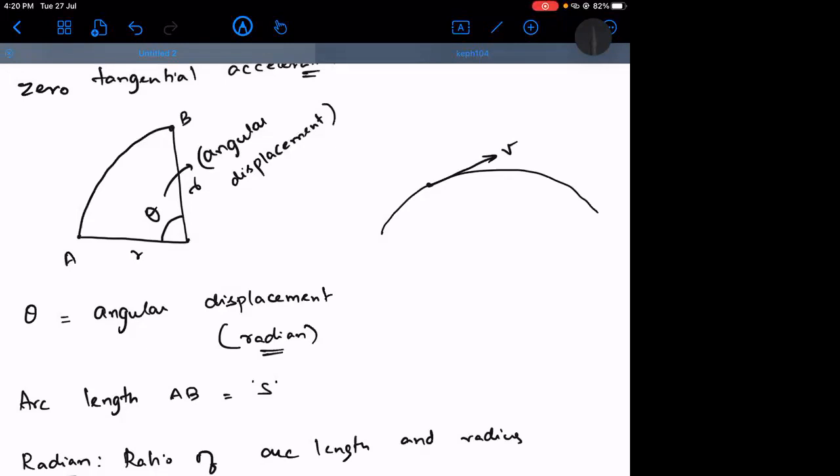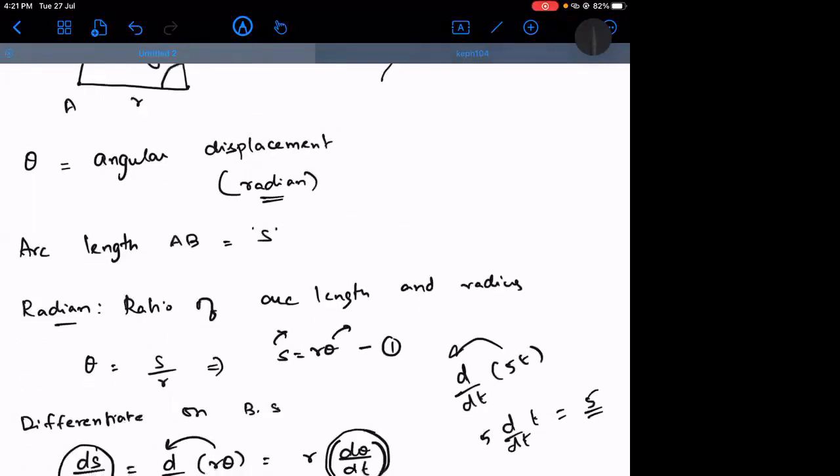Okay. So suppose the object is revolving in the clockwise direction in a circular path. I've taken a small sector, which obviously is going to have an arc, and this distance we called S. If at any instant you want to measure the velocity, you draw a tangent at that particular point, and the object is said to revolve with an angular velocity omega. So what is angular velocity, guys?